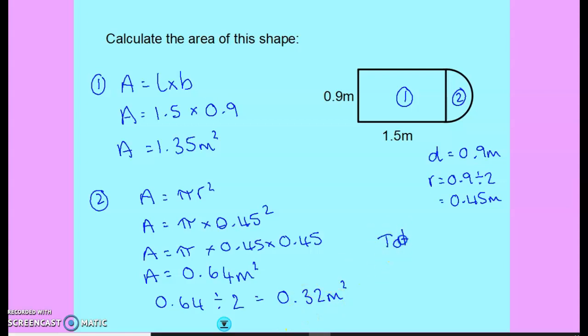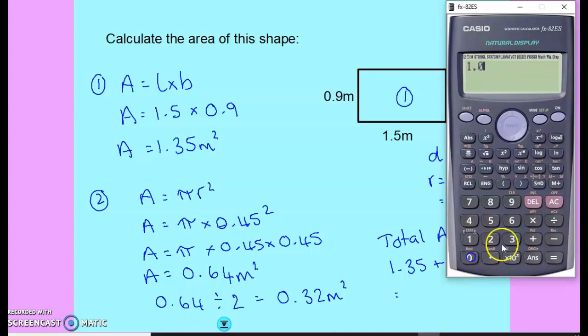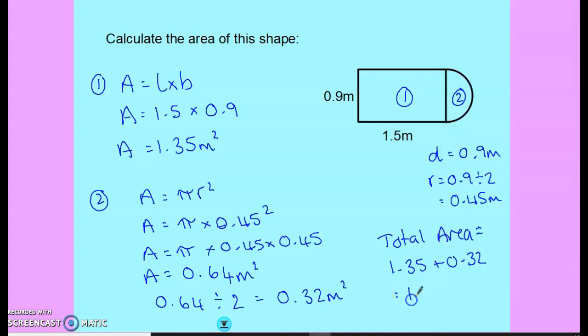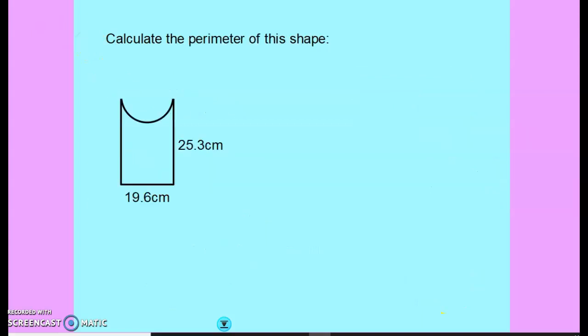Last wee bit then, to find the total area, I need to add the two together. 1.35 add 0.32 is 1.67 meters squared.